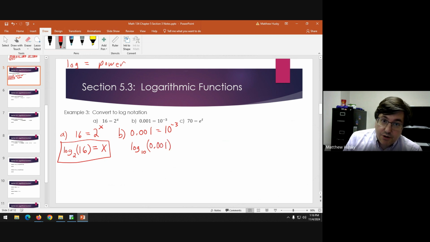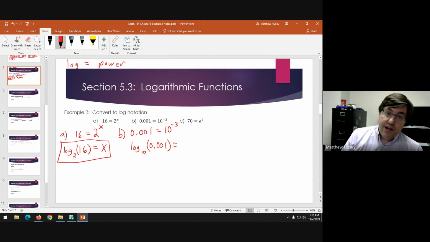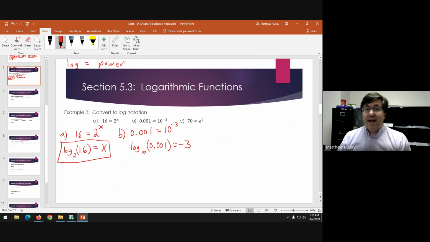So in this case, 0.001. And the log equals the power. If the power is negative 3, that means the log should equal negative 3. Now, this one's kind of a special one because there is something known as the common log.